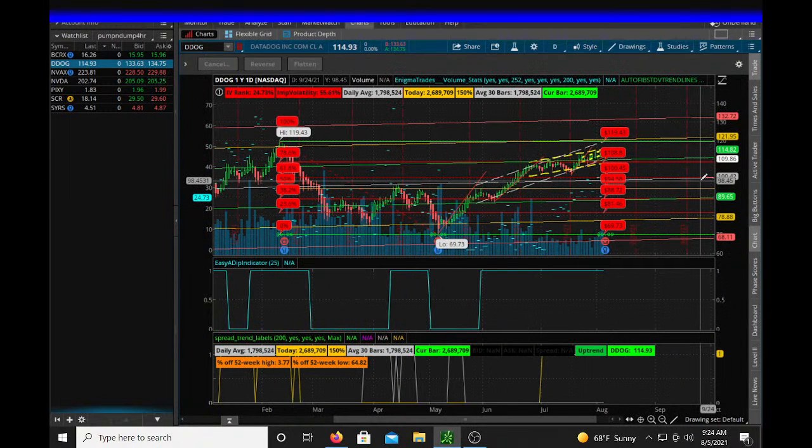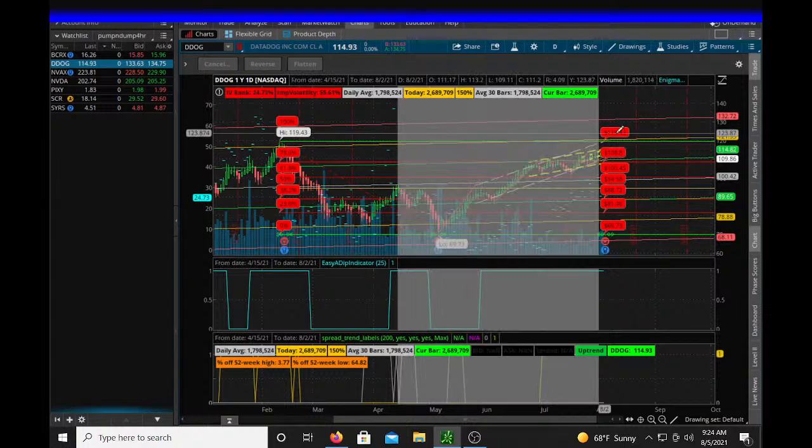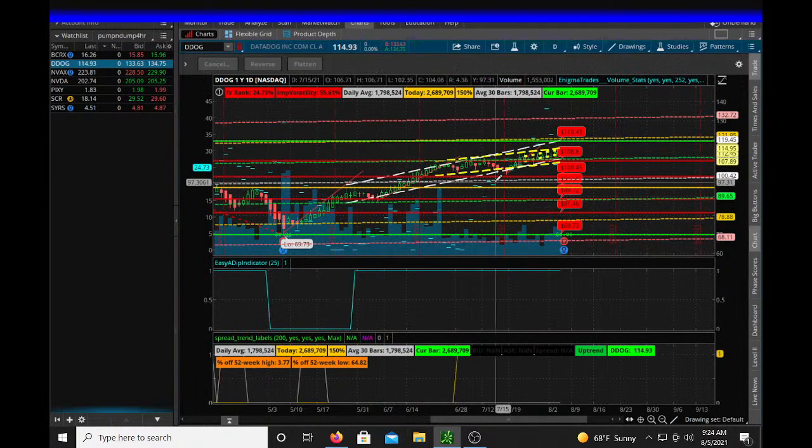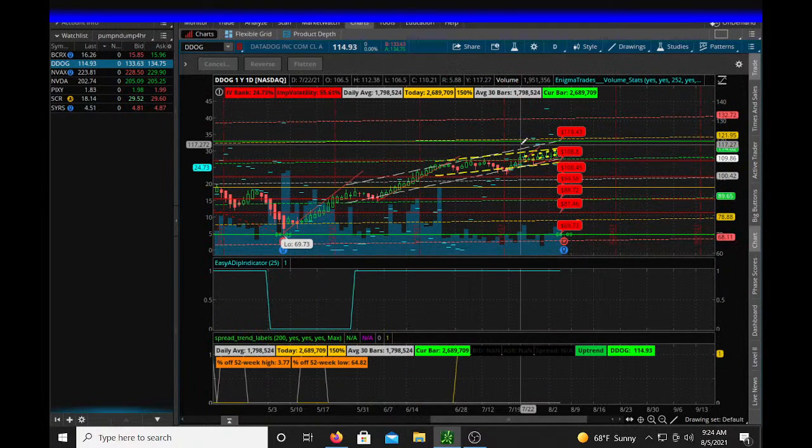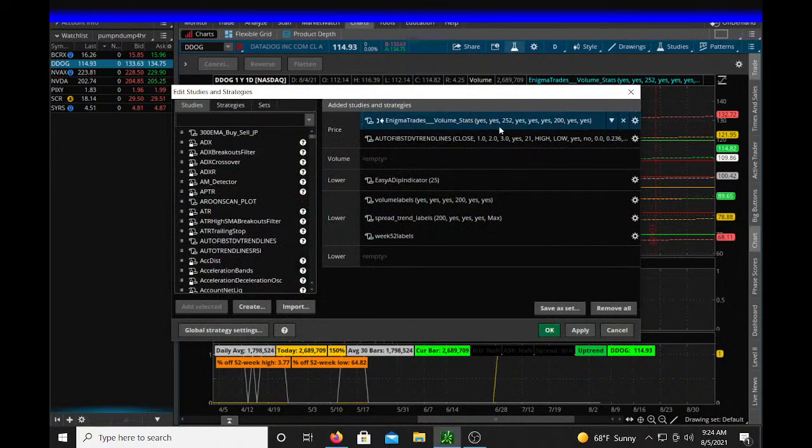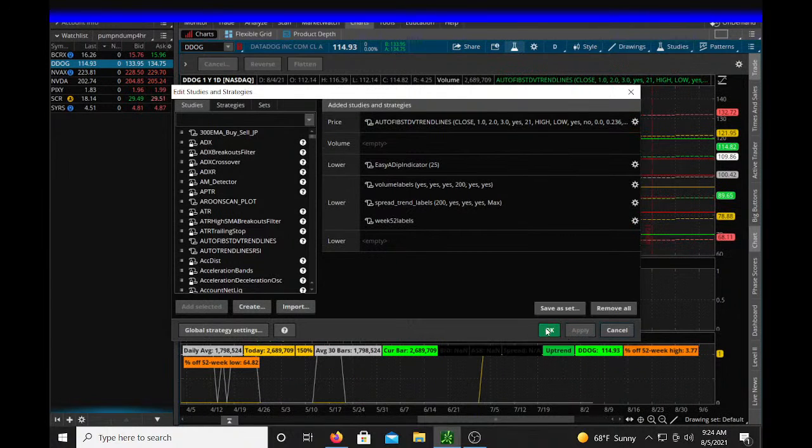So our thing plots Fibonacci automatically. It will give us our trend lines automatically. And we can get rid of this IV percentile for now, I suppose, or we don't really need it.